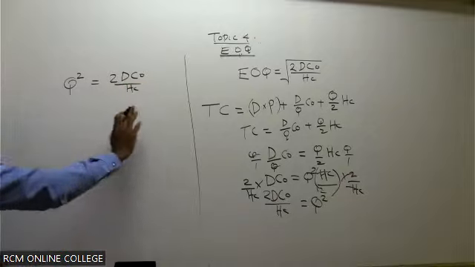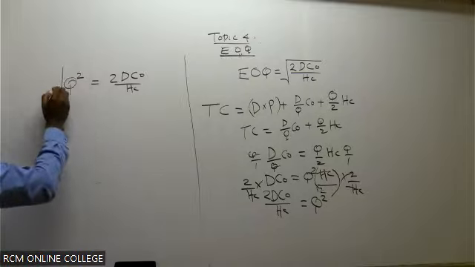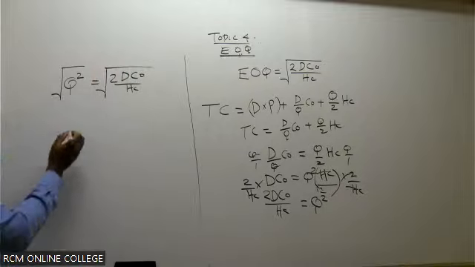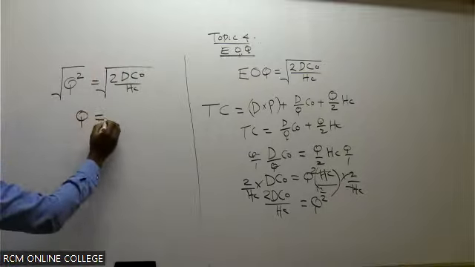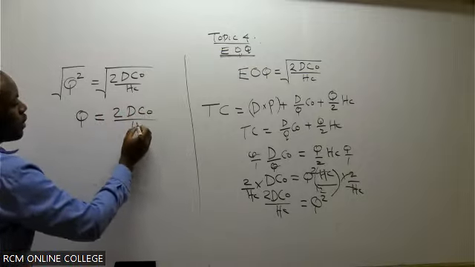Remember, my interest is to get Q, not Q squared. So what do I do? I need to get the square root of everything, making me have Q equivalent to the square root of 2DCO over HC.